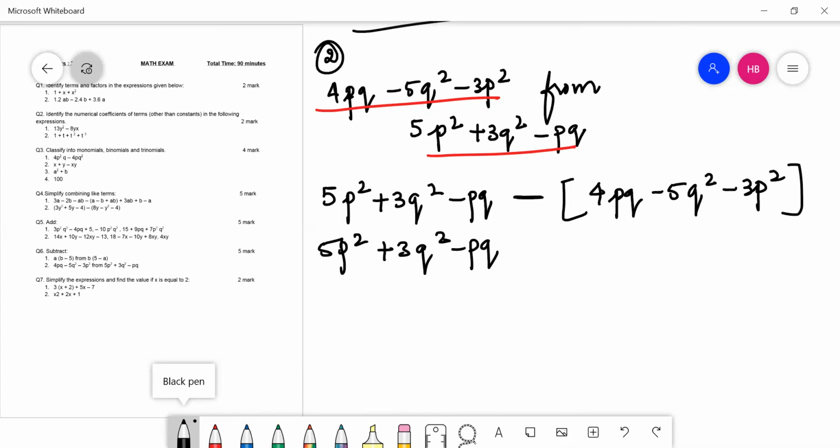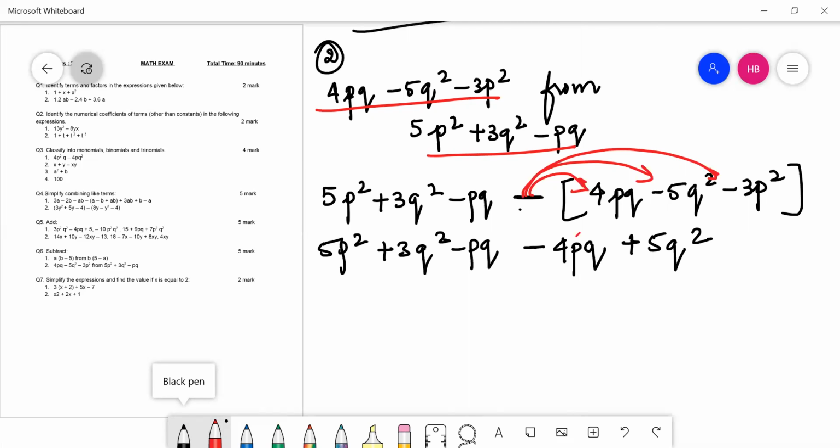Minus into plus 4pq will give me minus 4pq, minus into minus will give me plus 5q square, and then minus into minus again will give you plus 3p square. Again, writing the variable parts: p square, q square, pq, pq, q square, p square.